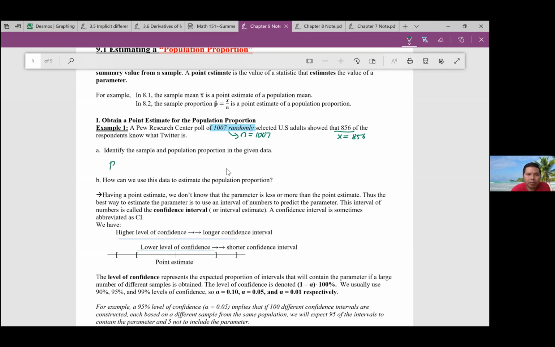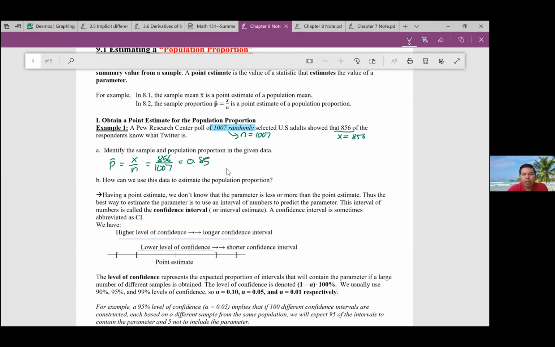So p hat is equal to x over n, which is 856 divided by 1,007. All right, so this equals 0.85.